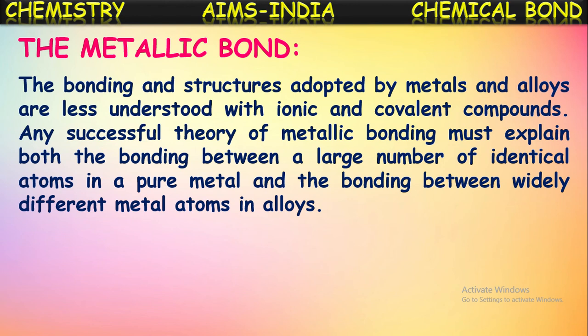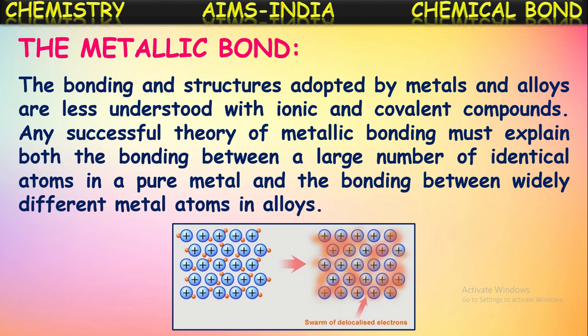So the bonding between the metal atoms of the same kind or different metals is not explained properly in the ionic and covalent compounds explanation. So a separate explanation is needed for explaining the bond formed between the metal atoms in alloys as well as pure metals.